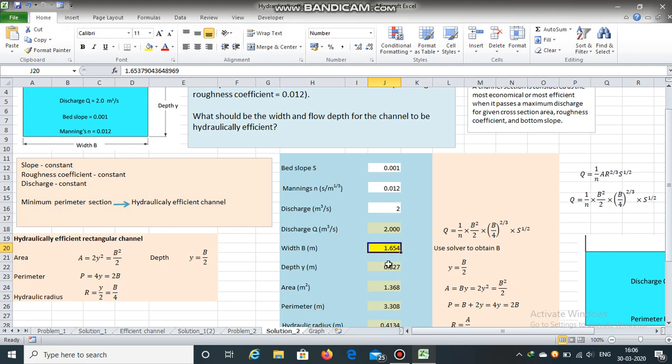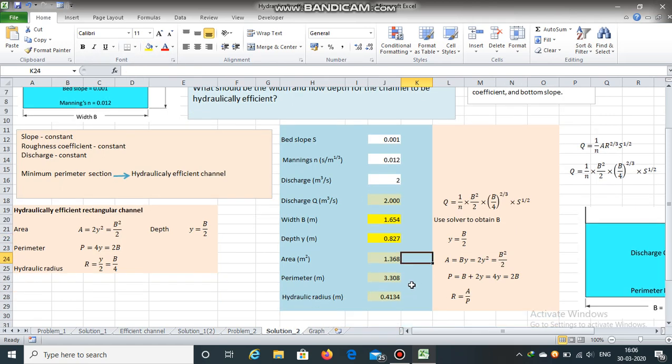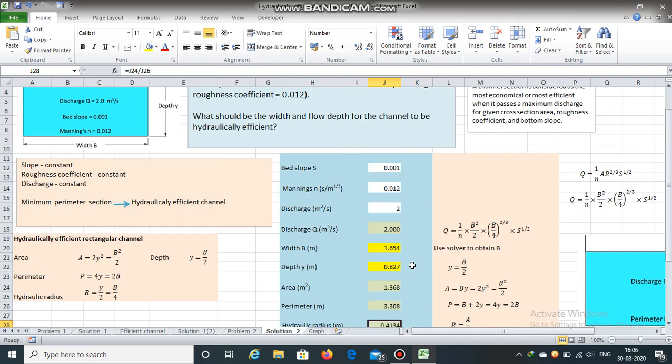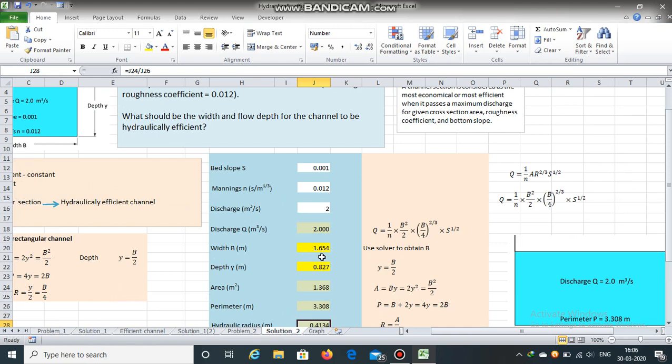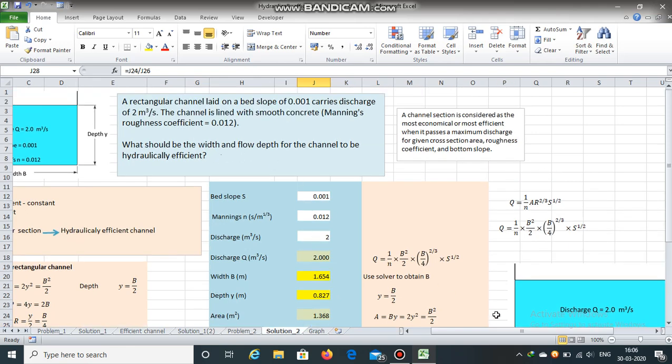Now depth can be obtained using this equation, y equal to b divided by 2. Area is 1.368 meters square, perimeter is 3.308 meters, hydraulic radius is 0.4134 meters. So the width should be 1.654 meters and depth should be 0.827 meters for the channel to be hydraulically efficient.